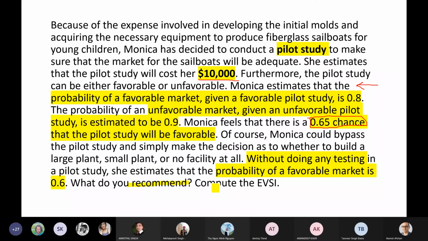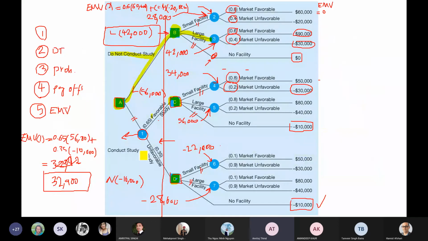Expected value with sample information minus expected value with no sample information. Okay. Any other comments? Expected value with sample information plus cost, minus the expected value of the best decision without sample information.